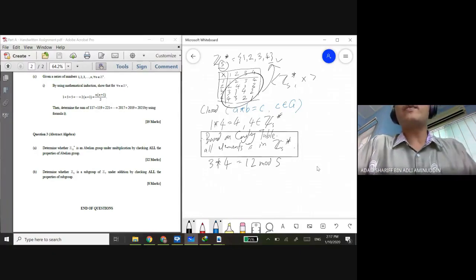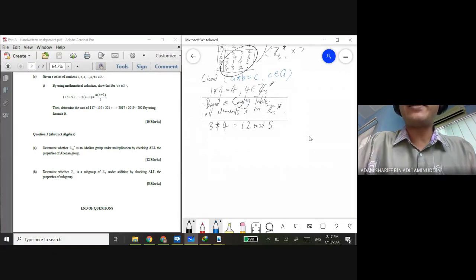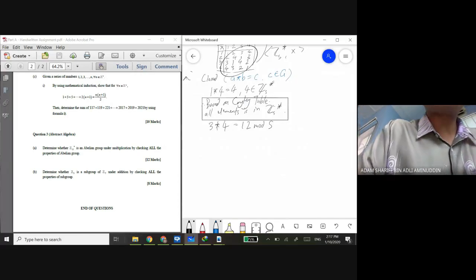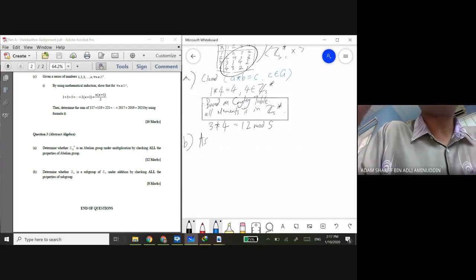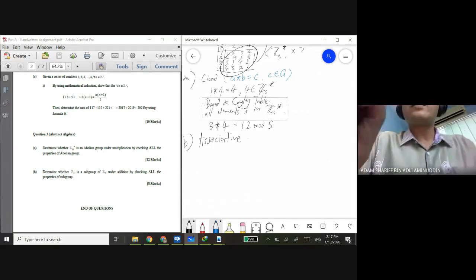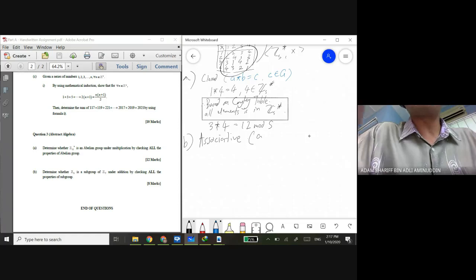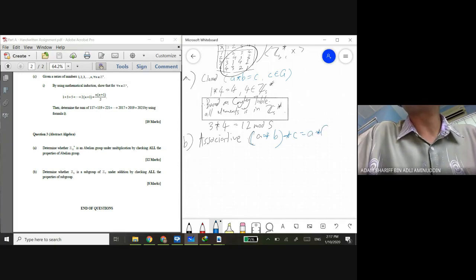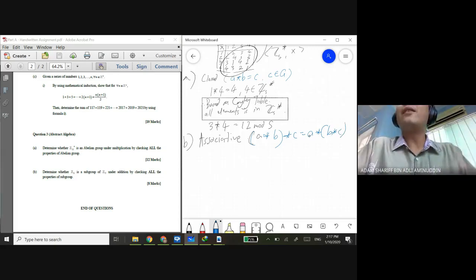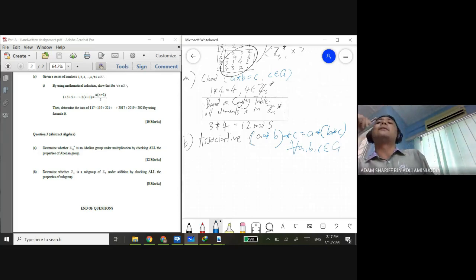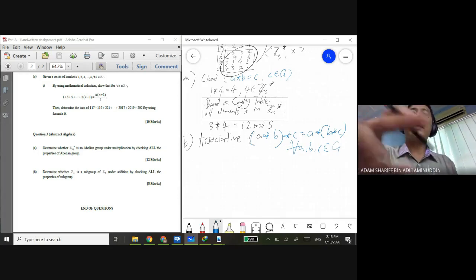Okay, continue with that. We go to the next one. The next one is associative. The definition of associative is that (AB)C is equal to A(BC) for every element A, B, C in the G. This is the definition of associative.